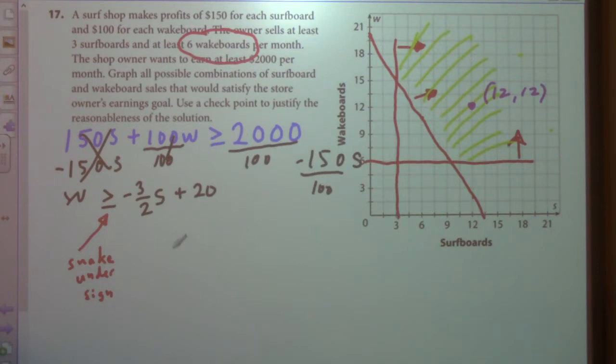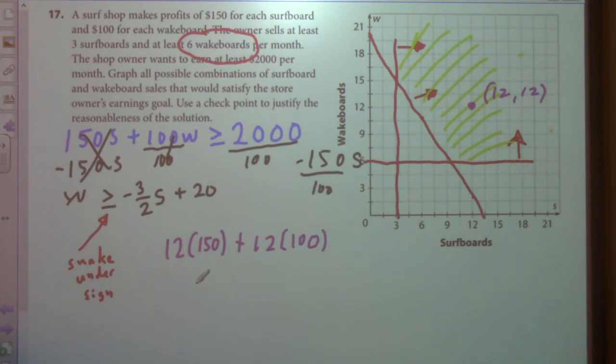Let's test it out. We have 12 times our surfboard, which is 150, plus 12 times our wakeboard, which is 100.